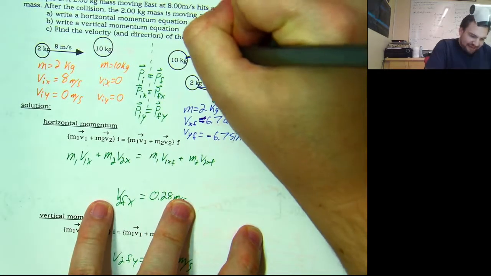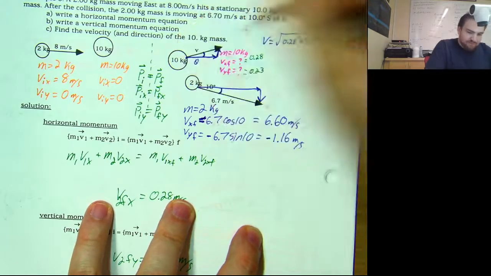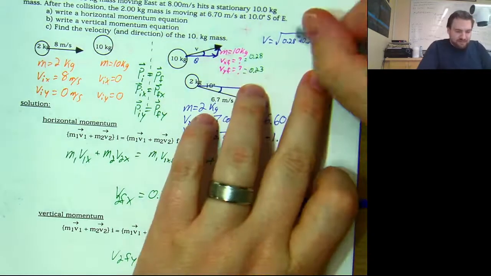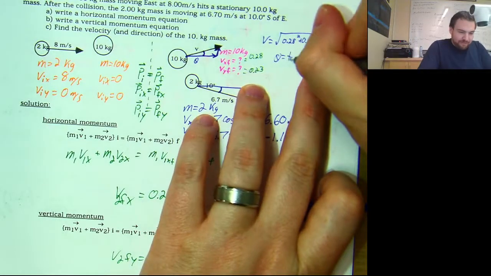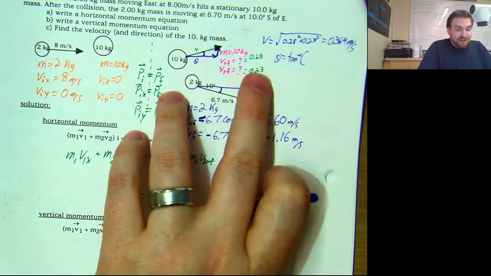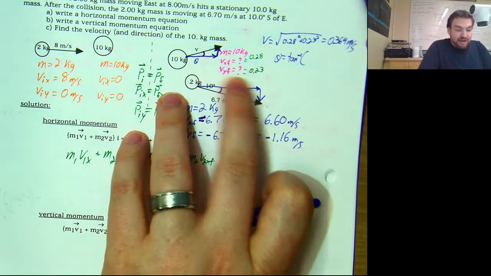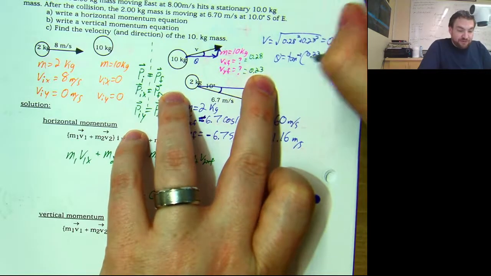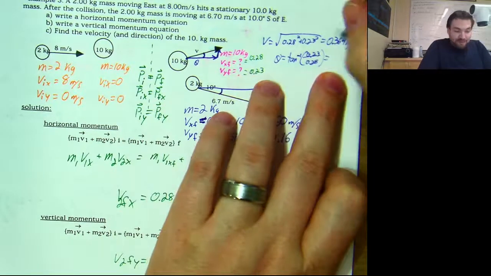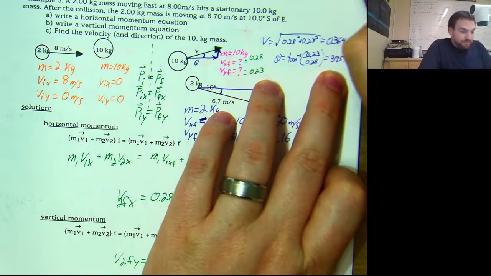And then that guy there is the angle we want. Tan inverse of VYF, 0.23 over 0.28, is 39.5 degrees north of east.